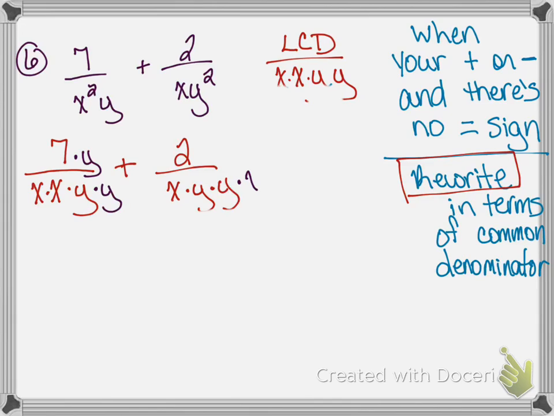So if I'm missing it, I have to multiply my top and my bottom by it. So now I can rewrite this. My denominator is x squared times y squared. And then I have 7y plus 2x.